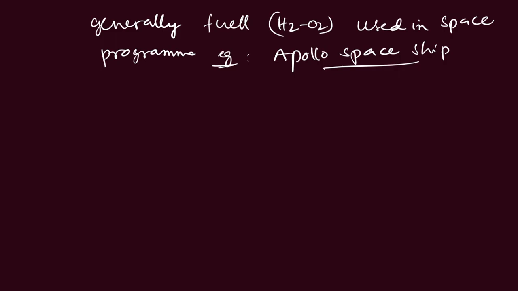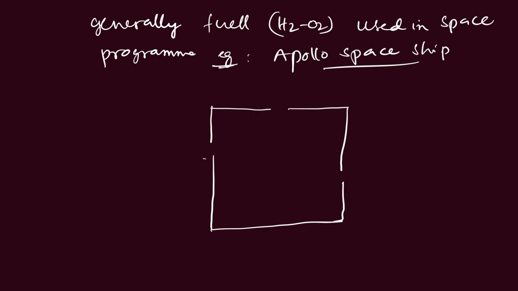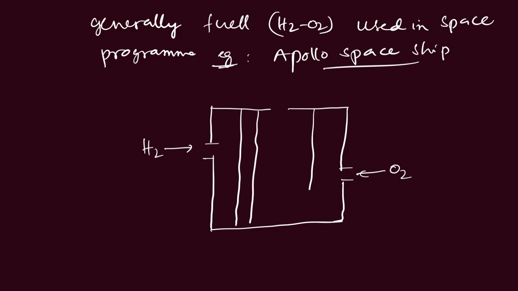Now, how does it work? Before that, we should know it through a simple diagram. From one direction, for example the anode side, pass the hydrogen gas. From the other side pass the oxygen gas. Here we have a porous electrode of carbon. Then here we have another electrode that is also carbon.